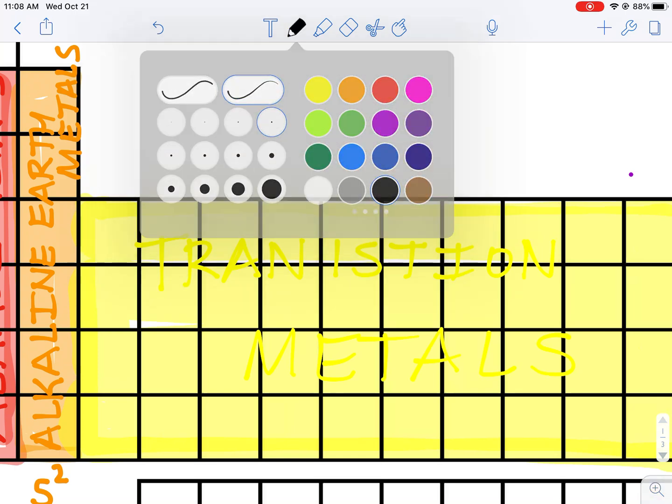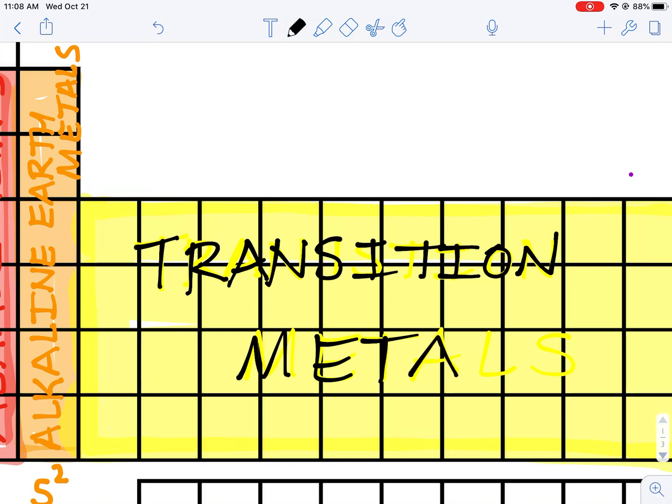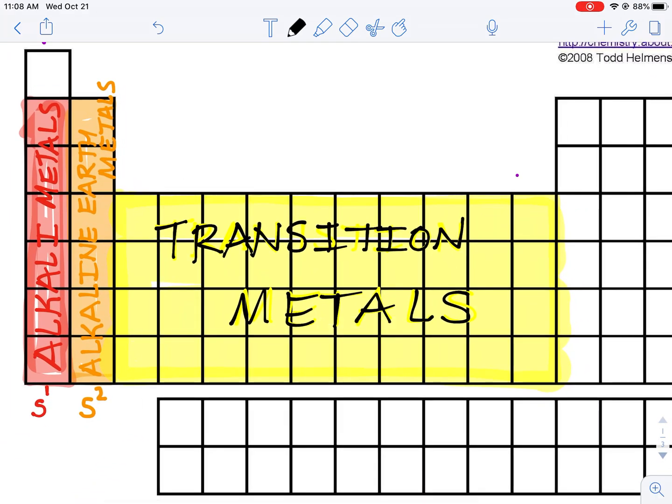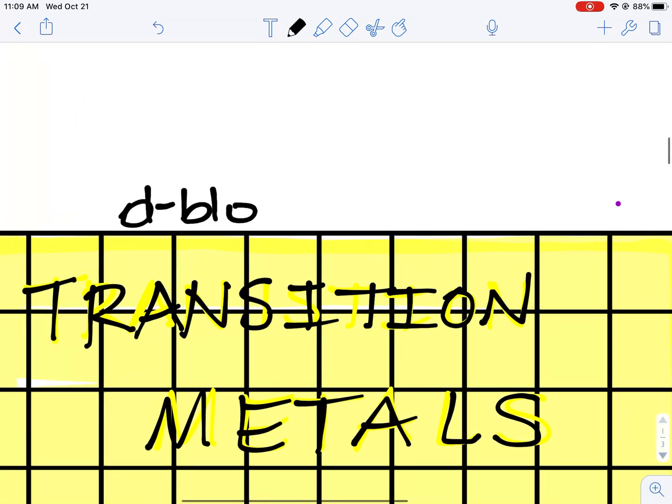I will go over this again in a darker colored ink. My apologies. Transition metals. If you think back to our electron configurations, there wasn't anything consistent per se moving from left to right. There were consistencies in the up and downs, but ultimately these are our D block elements.